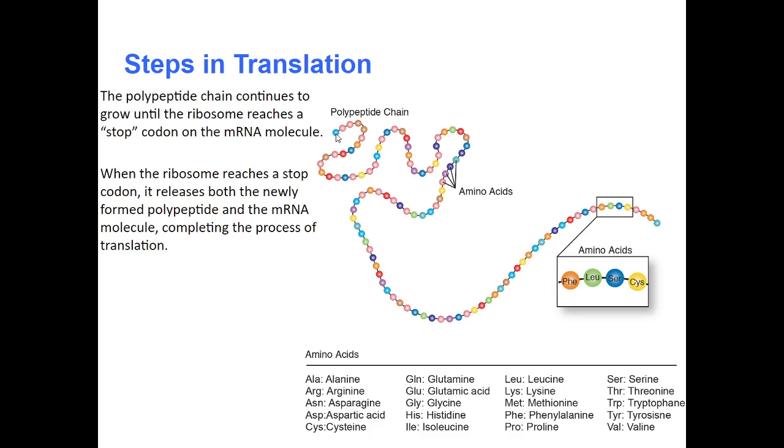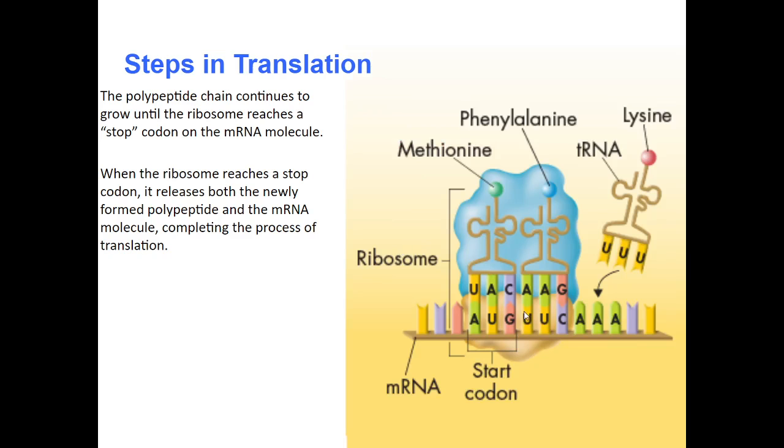So each one of these little guys right here was once attached to a tRNA. And then the ribosome read the mRNA, found the right tRNA, and put that right there. And then put the next one. And then it put the next one. And it moved all the way down. You can imagine that the mRNA is kind of alongside of this, and it puts these in a specific order, and it can't screw it up, right?